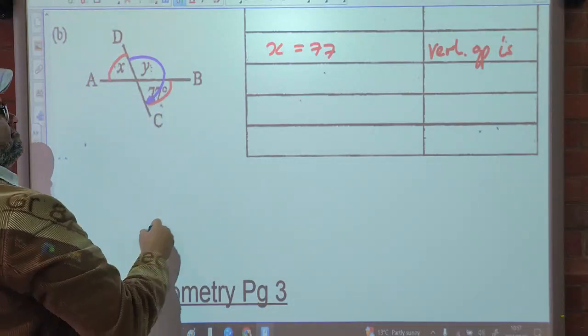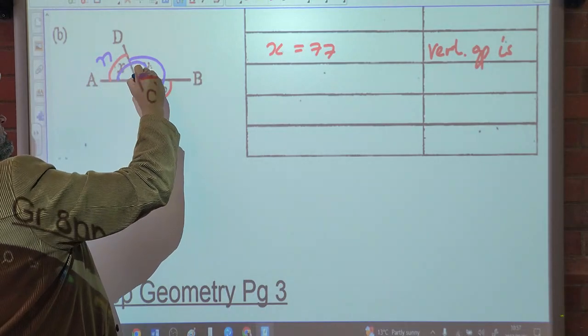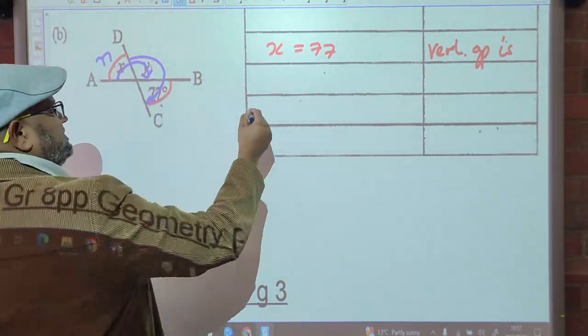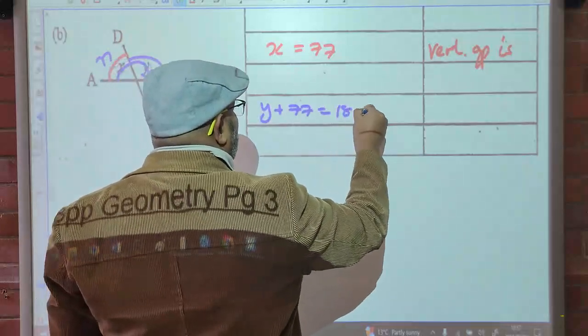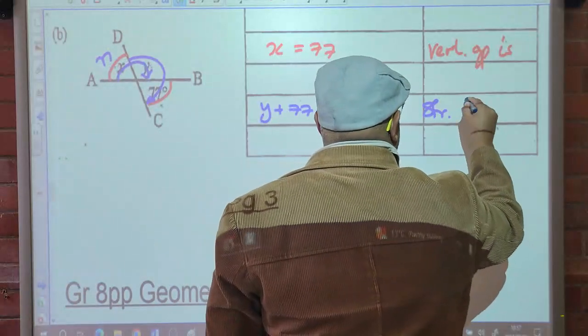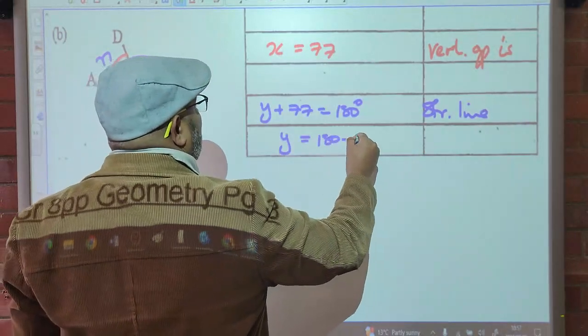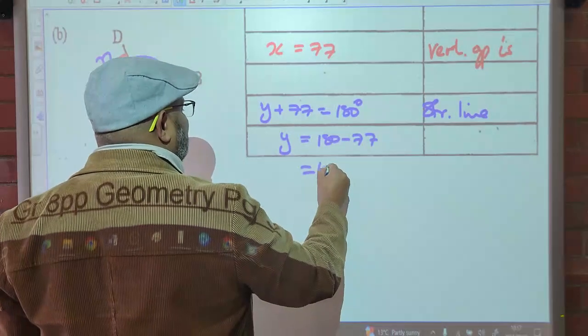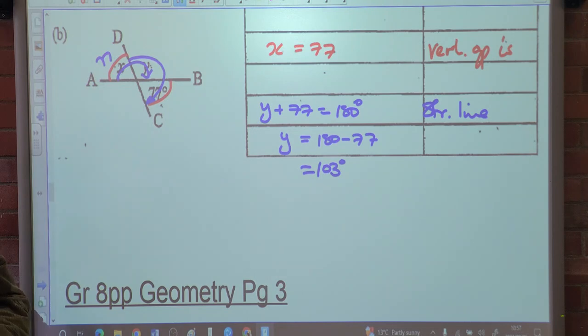Angles on a straight line. 77 plus y is 180. So y plus 77 degrees is equal to 180, angles on a straight line. So y is equal to 180 minus 77, which is 103 degrees. Easy.